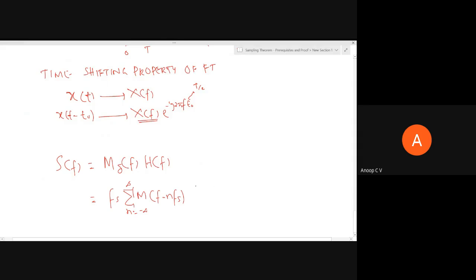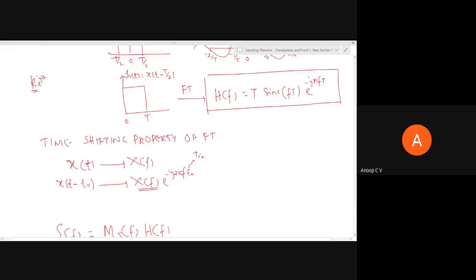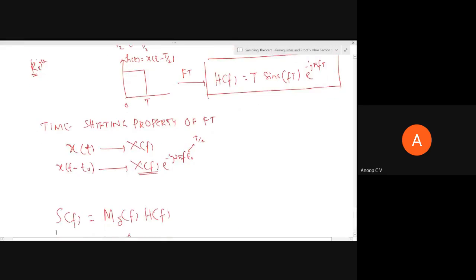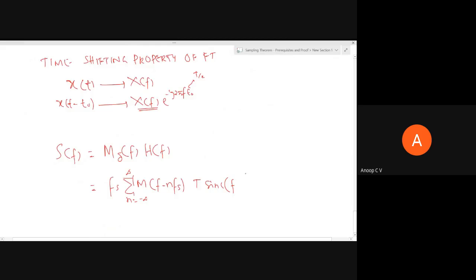And this H of f is nothing but T sinc of f T times e power minus j pi f T. So this will be our S of f.